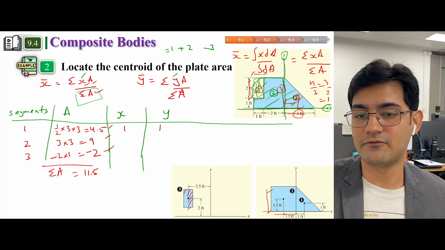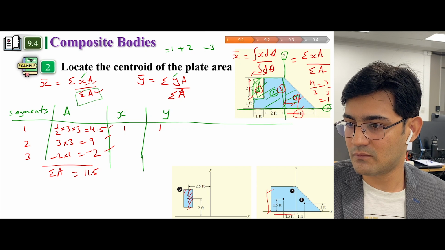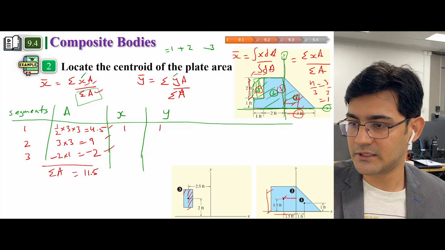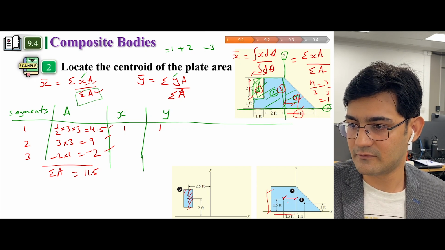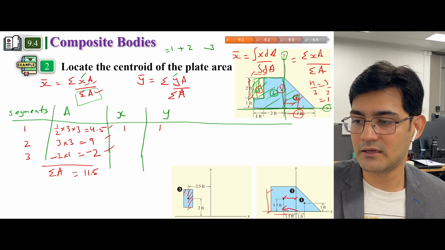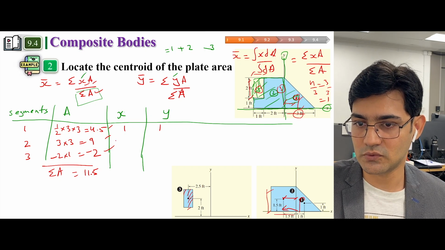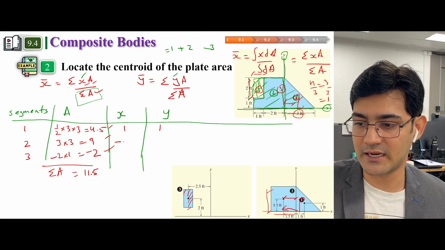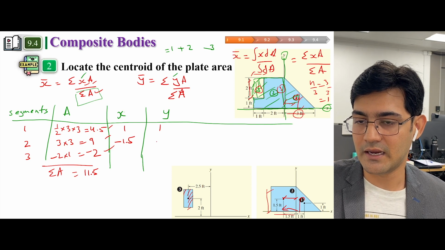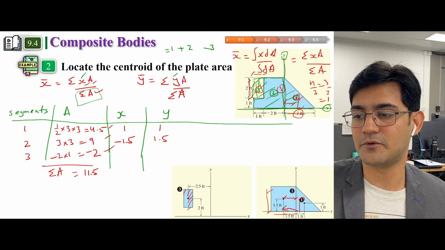What is the centroid for shape 2? From y-axis, the distance is 1.5, but it is negative 1.5 because the x is negative from here to here. And from x-axis, you have a distance 1.5 positive.